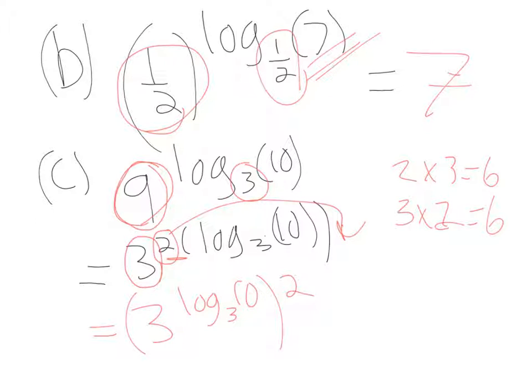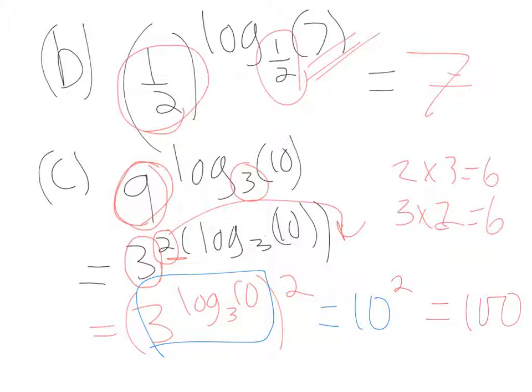This part here in blue just equals 10, and then I've got squared, and that equals 100. Okay? So when you see unlike bases in this scenario, between the base here and the base in the logarithm, in a composition, you have to get a common base and then change the order of multiplication, which you're allowed to do.